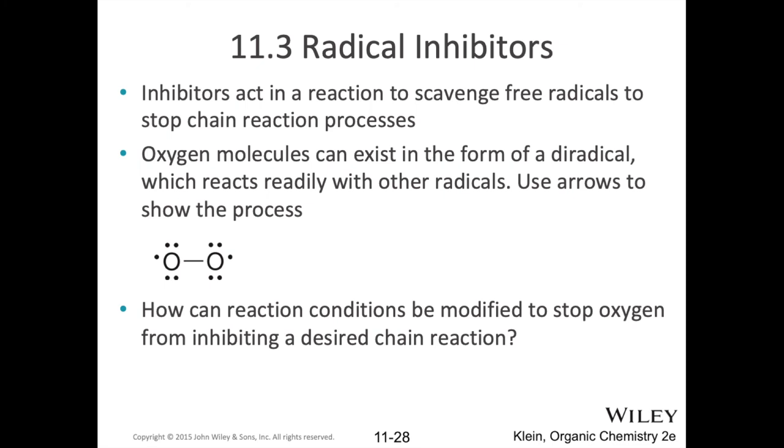Basically, oxygen is a good example of something that can form a radical really quickly, because you have a double bond. You have a pi bond between the two oxygens, which can homolytically cleave and turn your oxygen molecule into a diradical. Well, this diradical can then go on and quickly react with other radicals.